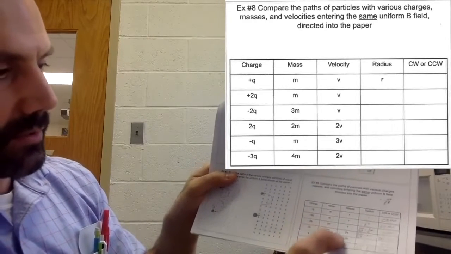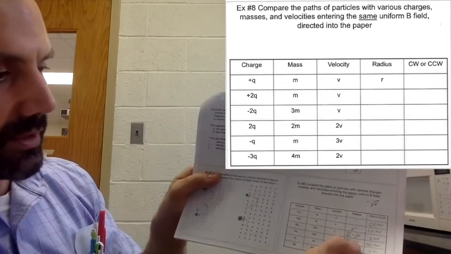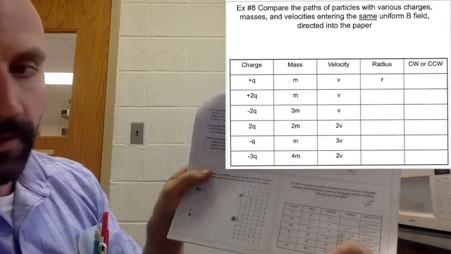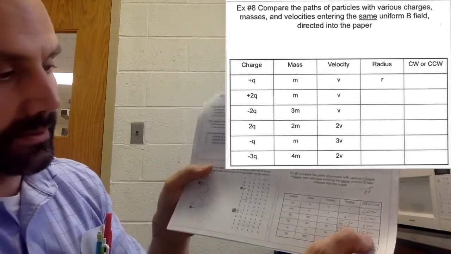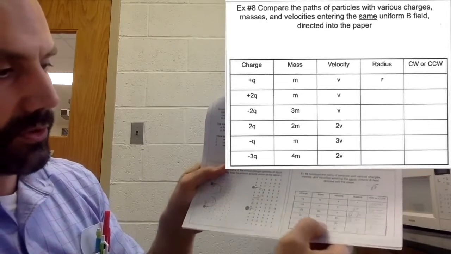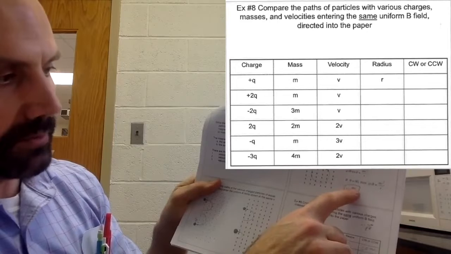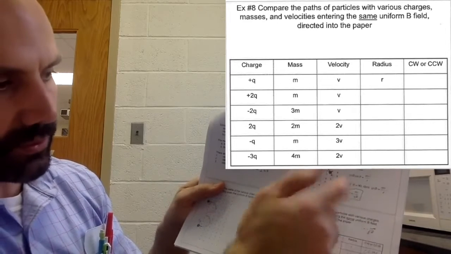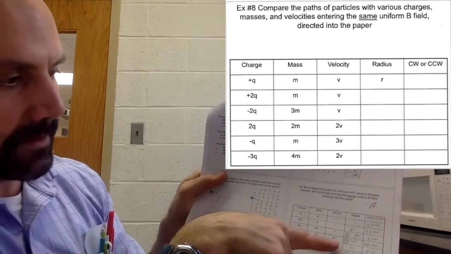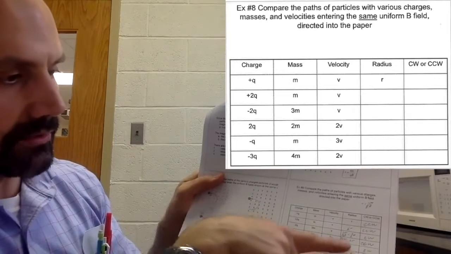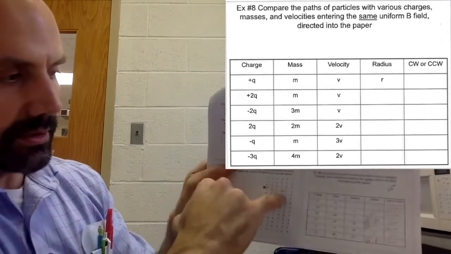So those cancel out, but there is still the v. So it's twice the radius, but it's positive, so it'll have a counterclockwise path. This one is negative q, but 3v, so it's 3r, right? The v is up top, so if you multiply by 3 times v, then you have 3 times the radius, 3r, and it's negative, so it'll be clockwise, just like this one, right?